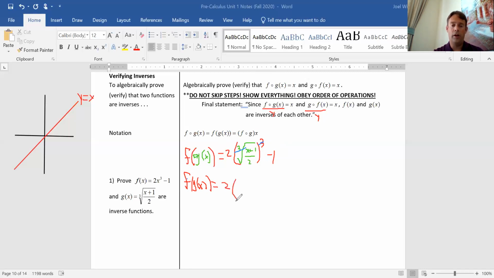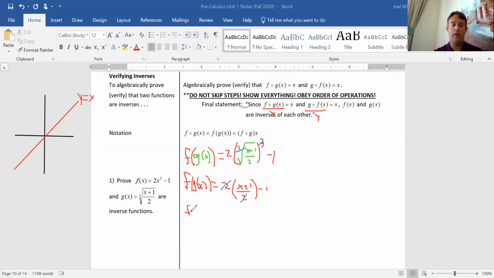So the cubes are gone. If these really are inverses of each other, then they should be able to cancel each other out pretty darn well. The next thing I'd cancel out here, and again, you have to make sure you do the correct order, otherwise we've got to dock you.